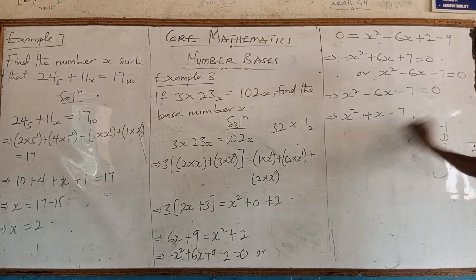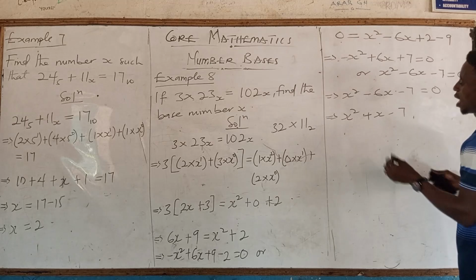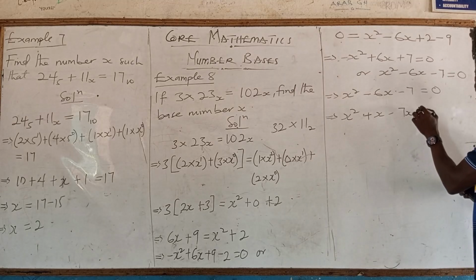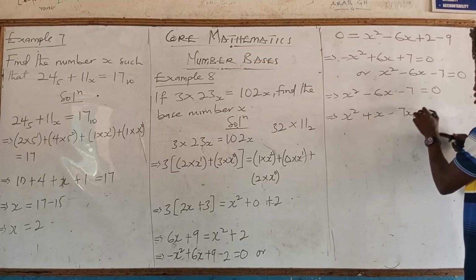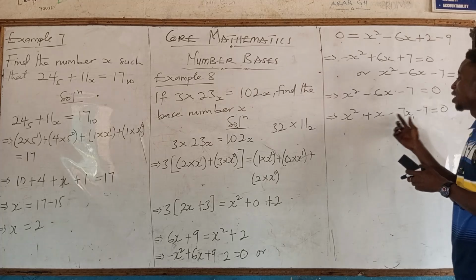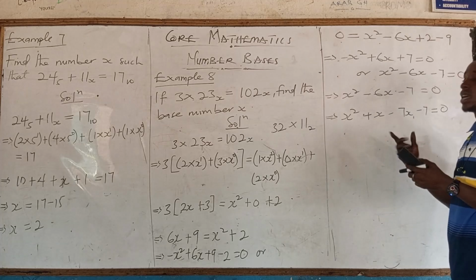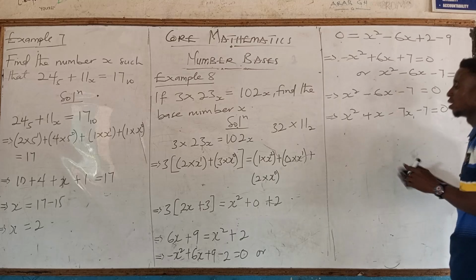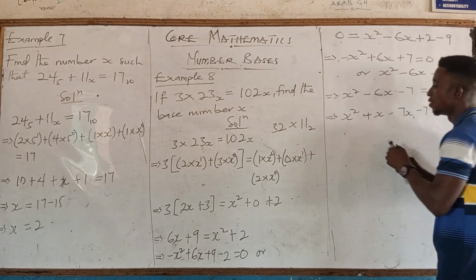So let's see. Then I have 7x, which then minus 7 is equal to 0. So you can also choose to have -7x then +7, plus x, and we're going to get the same. So when we solve this, we get back that. And when we multiply, we get the -7.